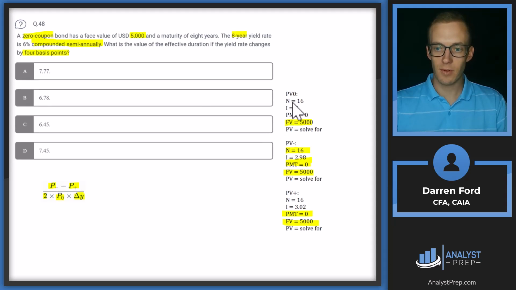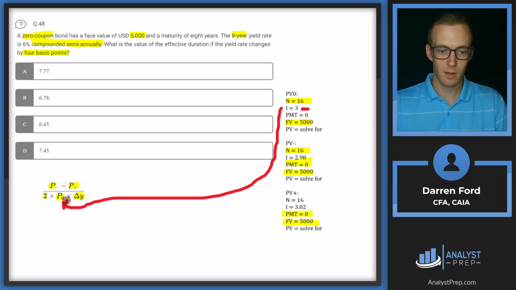And then the difference is going to come in where the interest rate changes. So for PV0, the price currently, we're going to be using 3%, which is our 6% divided by 2 since we're compounding semi-annually. So we're going to plug in all these numbers, and that's going to give us our present value, and then we'll be plugging that number in right here.